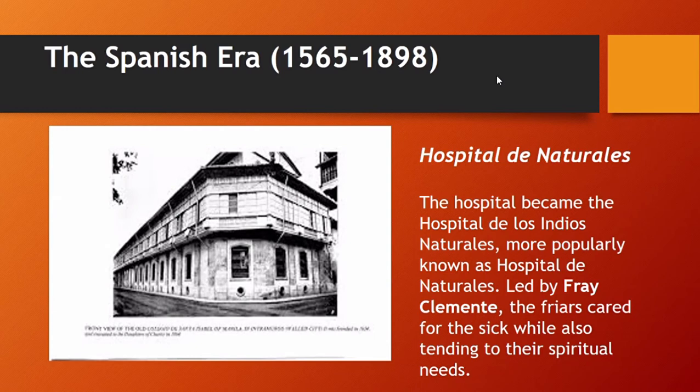Word of this benevolence spread, and when the small chapel where he treated the sick could no longer accommodate the patients who arrived in flocks, Fray Clemente sought help from the community and the clergy, and he was able to raise funds for a simple structure comprising 2 wards of nipa and bamboo, which he himself built beside the convent. And then it became, after several years, the Hospital de Naturales.